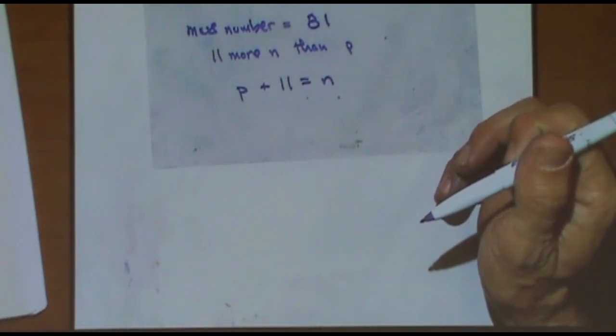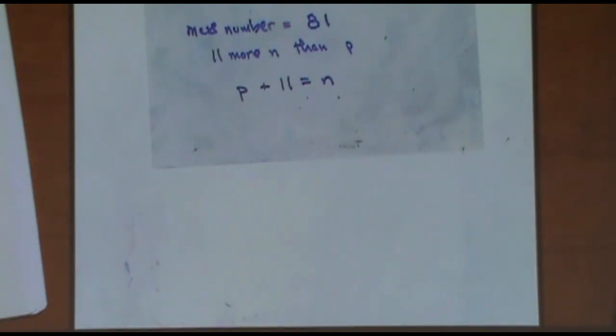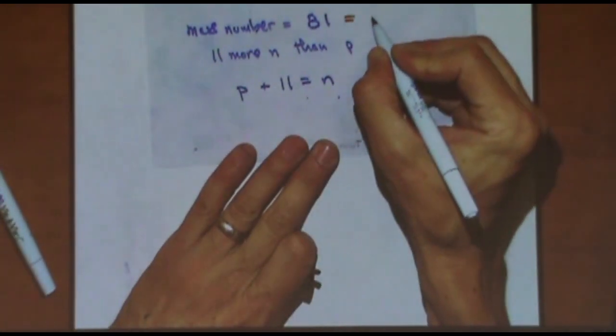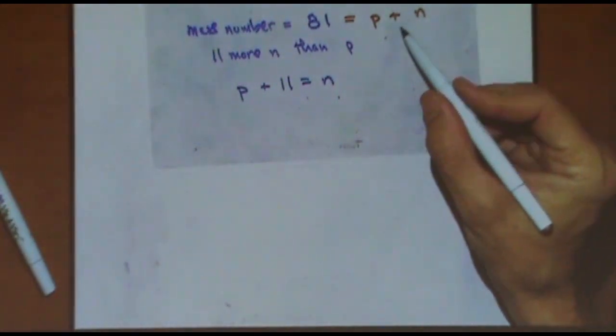Okay. Now, the mass number is the sum of what? The protons plus the neutrons. Is that okay? So, let's do that in different colors. We know this is the protons plus the neutrons. What am I going to do here?